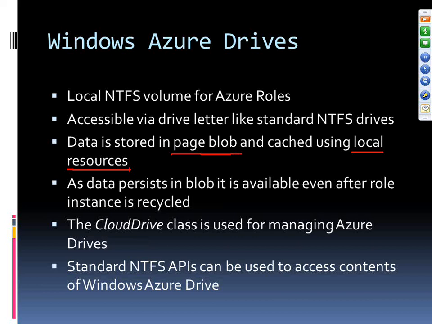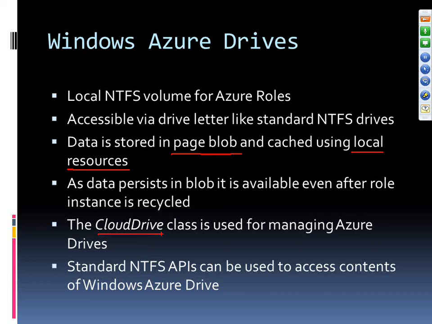When the role restarts, it is going to refer back to the page blob which has the complete information of your drive. Now this drive can be mounted into your roles with the help of the Cloud Drive class, and once you mount it, it will be accessible via a drive letter. Similarly, the way when we use USBs on our laptops, you get a drive letter.